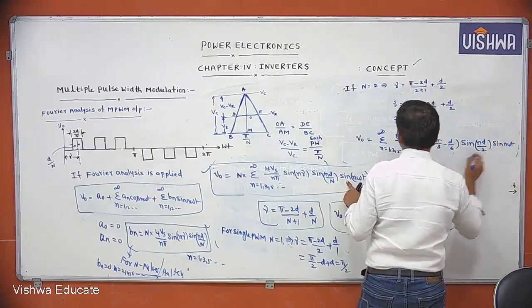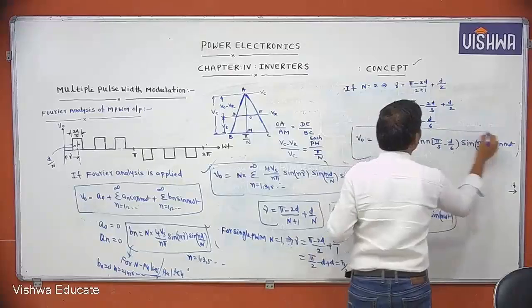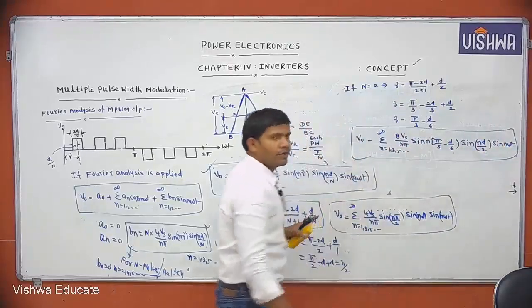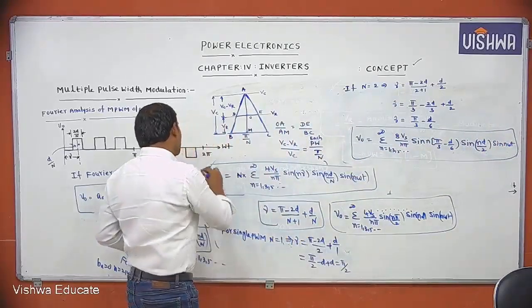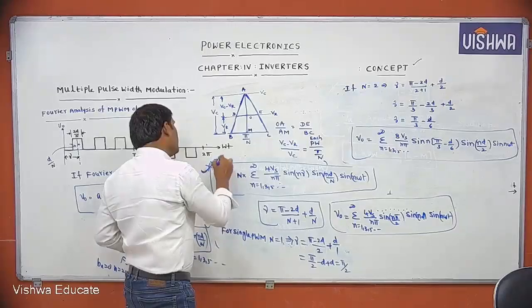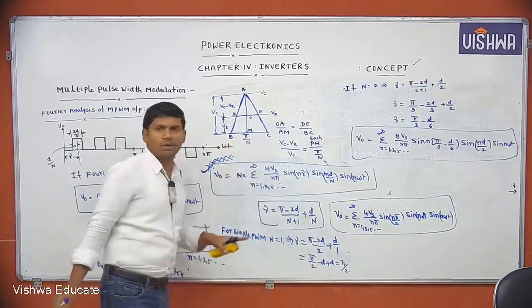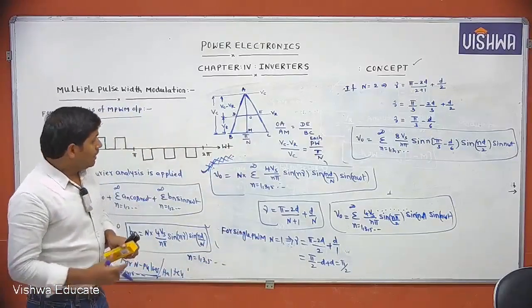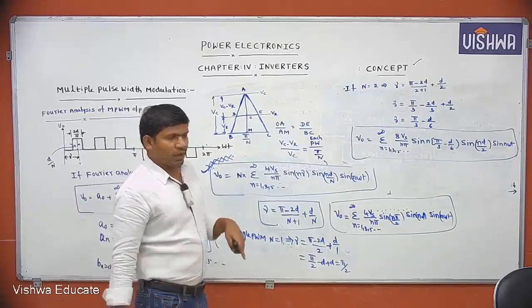This is the formula for which one? 2 pulse width modulation. Like this, if you want to write for any number of pulses per half cycle, then we can remember this part, and from this we can write any formula.